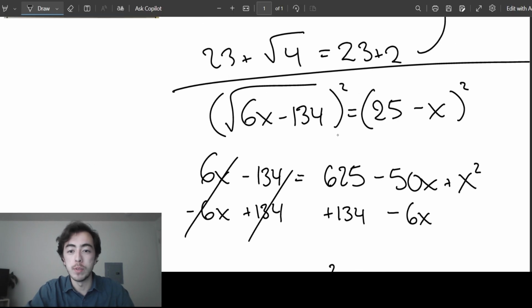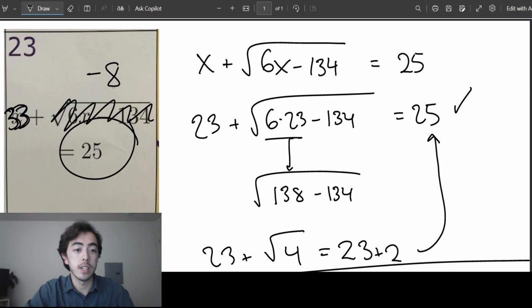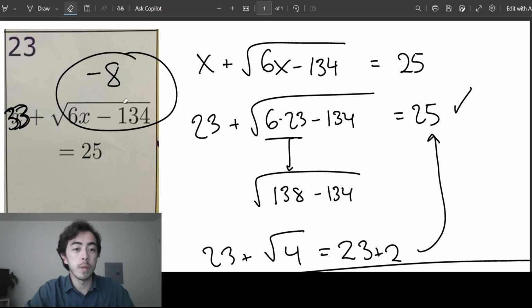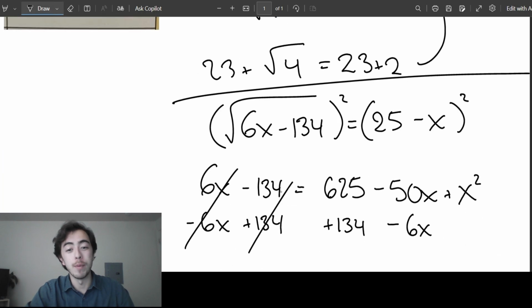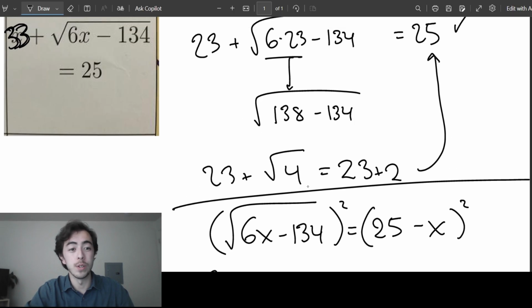This algebra step of squaring both sides actually allowed this value right here to be either 8 or negative 8. But we both know that you can't square root something and get a negative number out of it. However, my algebra steps did allow that when I was doing this solution.